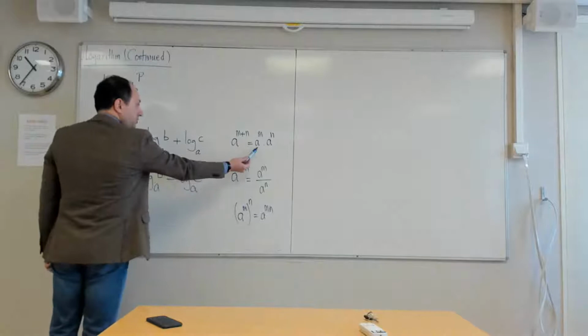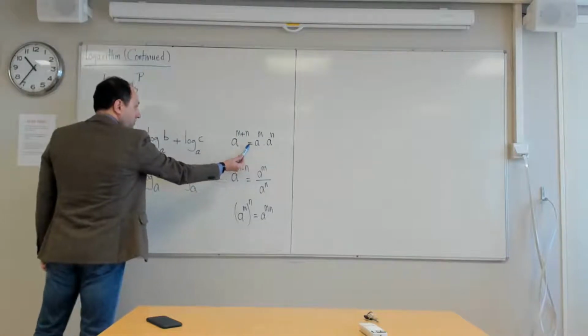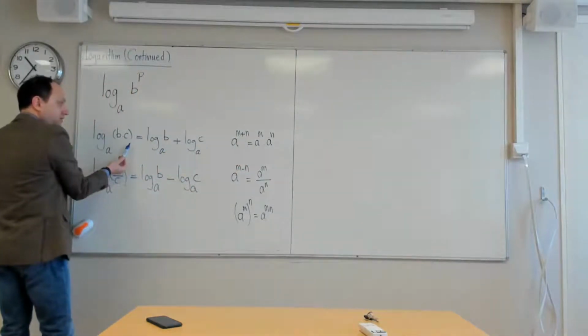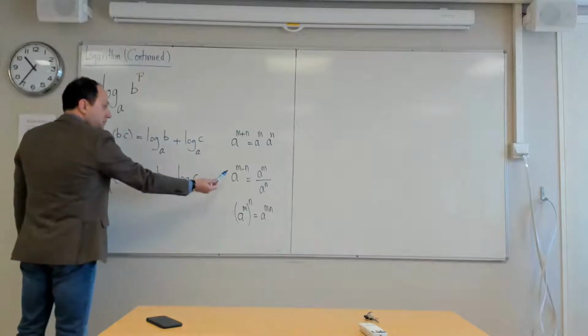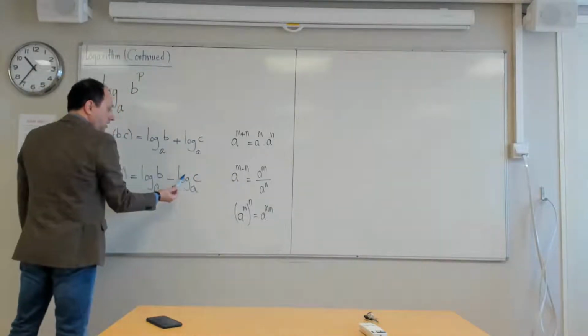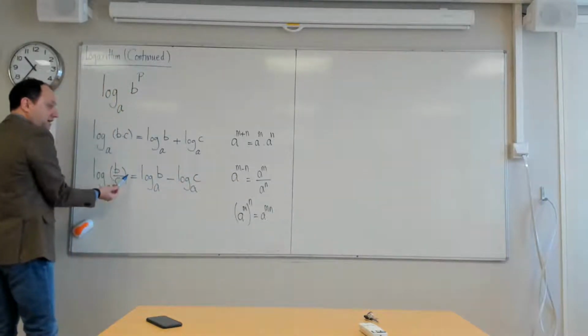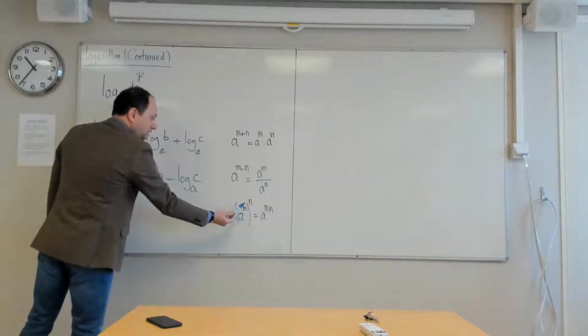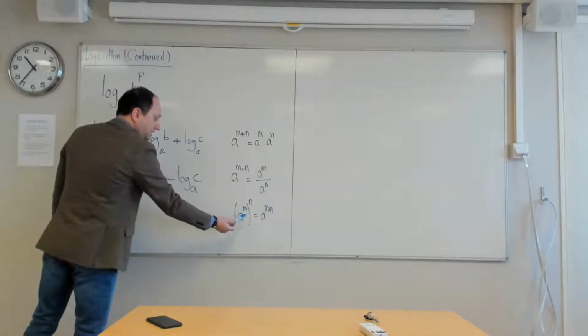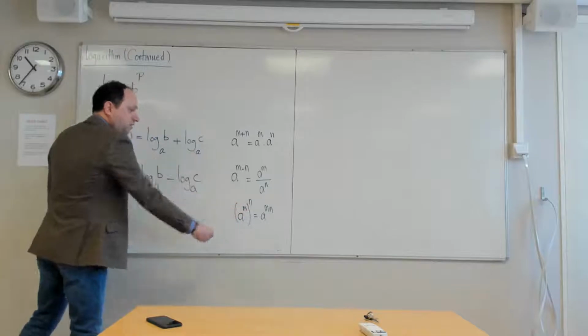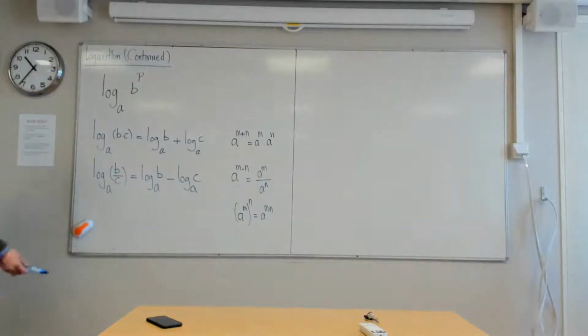So I explored the consequence of this formula in the logarithmic language. I want to also investigate what would be a consequence of this power law for the world of logarithms, yes? So how should I do that?